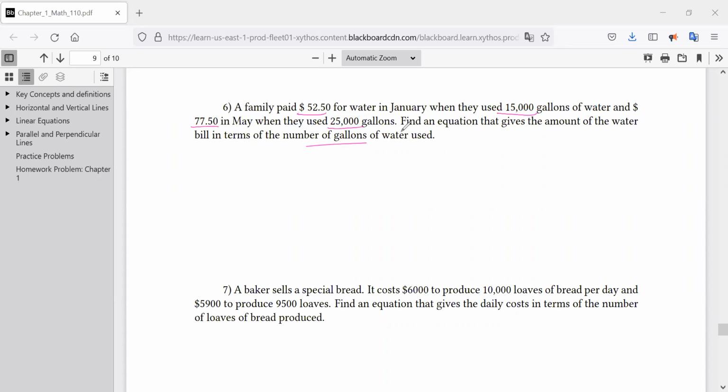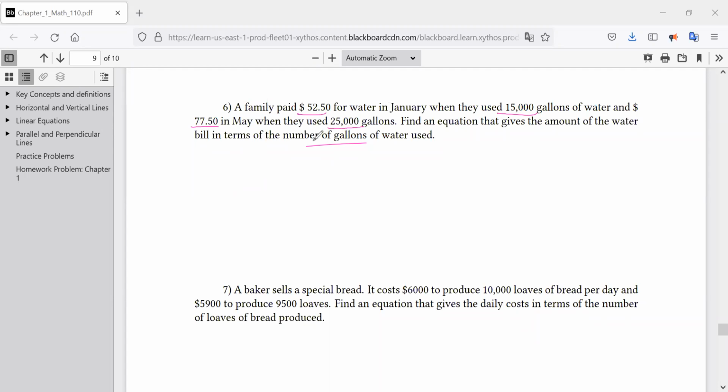First off, how are we going to order these? What's going to be our X, and what's going to be our Y? Would the amount of gallons be our Y?